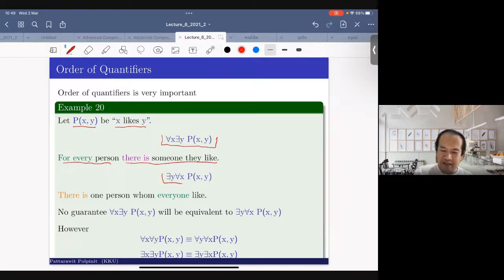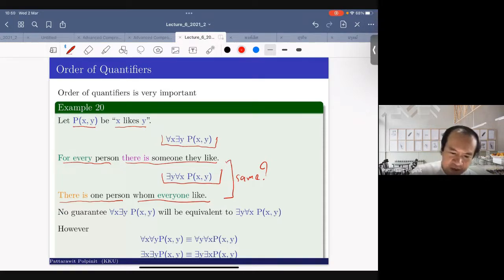However, if you write it like this, there exists y for all x, P of xy, this will mean that there is someone whom everyone likes. Is this the same? For every person there is someone they like, and there is one person whom everyone likes. They're not the same, right?